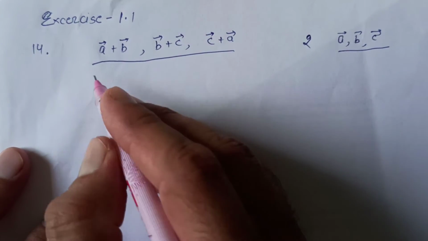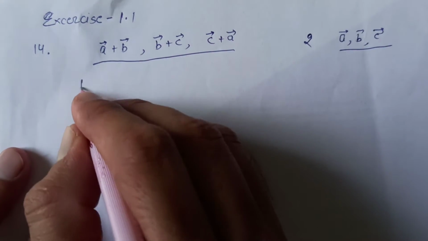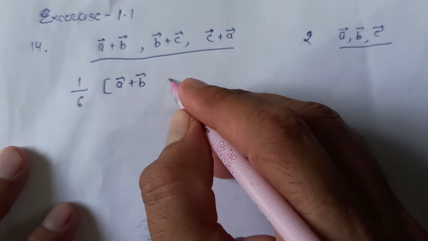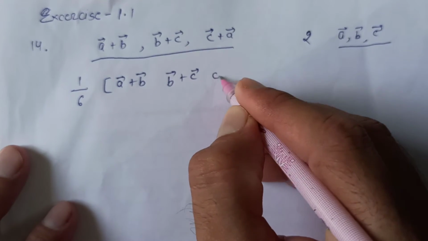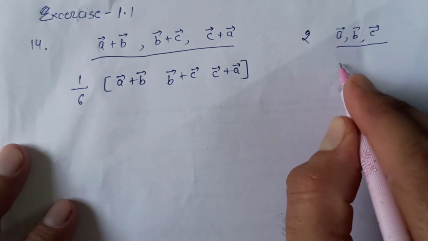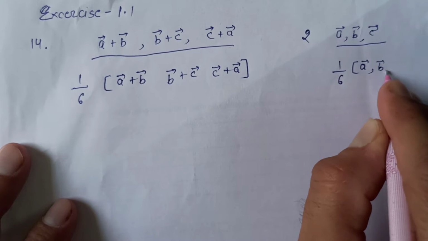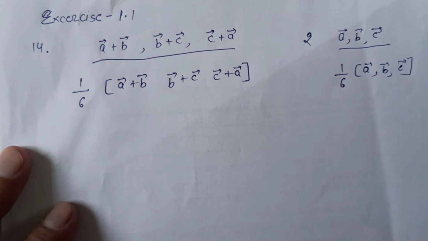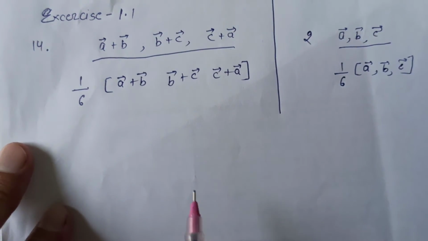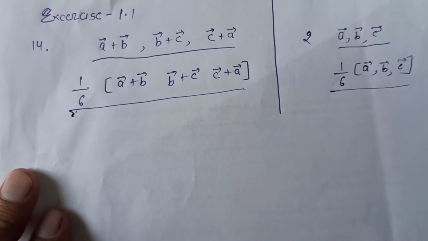Since we know that the volume of the tetrahedron formed by these three vectors as the concurrent edges will be 1 by 6 scalar triple product of A plus B, B plus C and C plus A. Similarly, the volume of the tetrahedron formed by vectors A, B, C as the concurrent edges will be 1 by 6 scalar triple product of A, B, C. We are to prove that this volume is twice the volume.